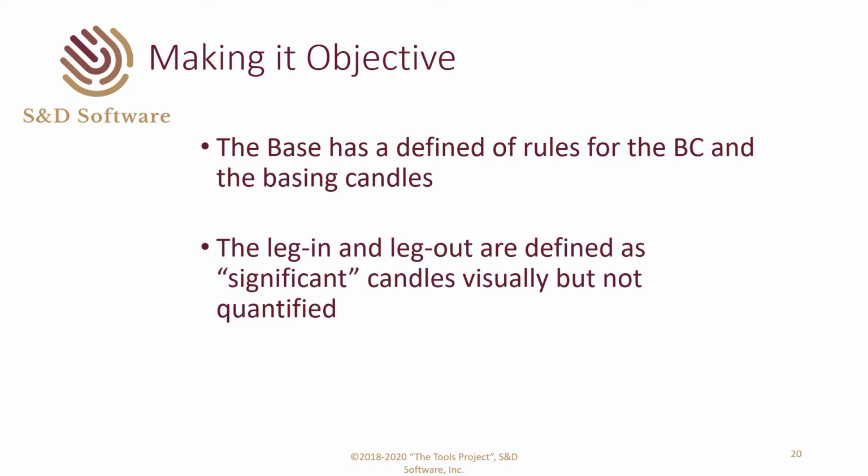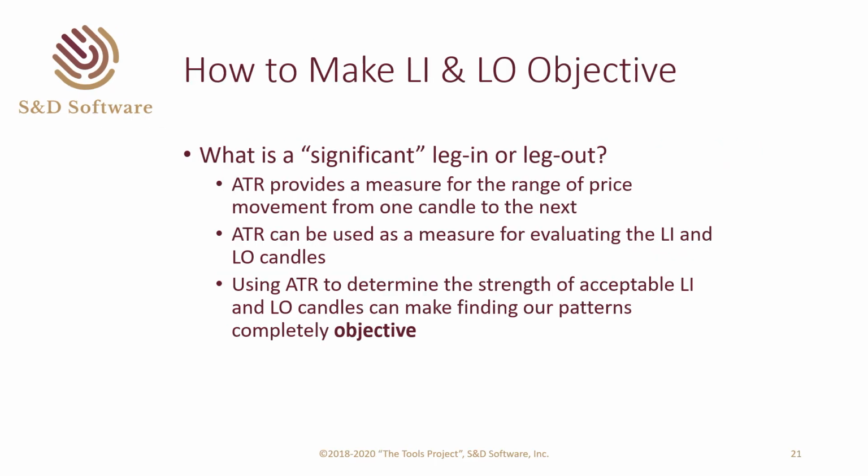So we've defined the rules for the base and the basing candles. We've defined what is a leg in and a leg out, but we're just looking at those visually to see if they look significant. So how can we take that to the next step?